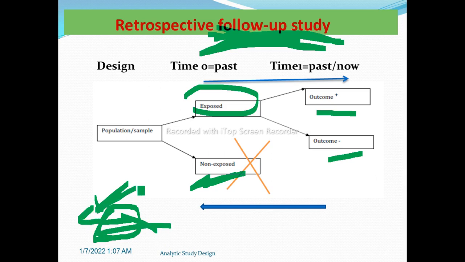So only septic neonates are followed. So self-comparison or self-control will be used. For instance, if you compare sex with outcome, male and female will be compared, rather than septic with medication and septic without medication. So in the case where one arm is absent, we will use follow-up study design, that means prospective follow-up study design or retrospective follow-up design.